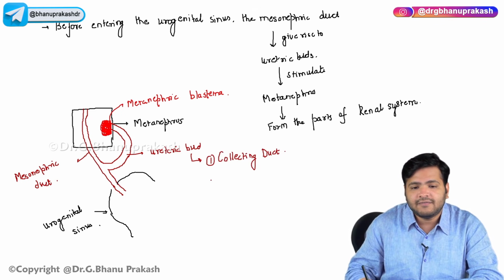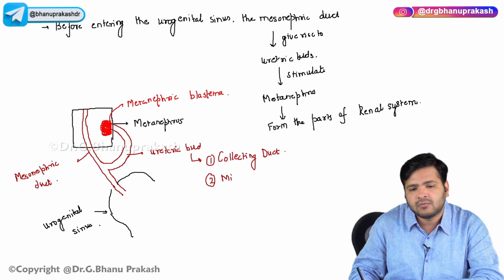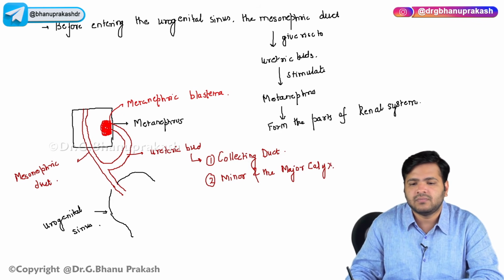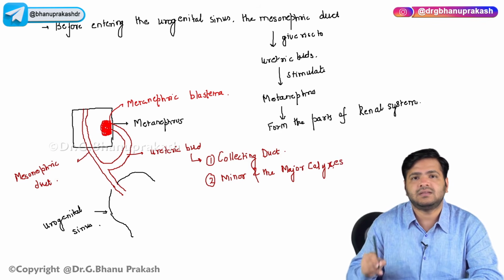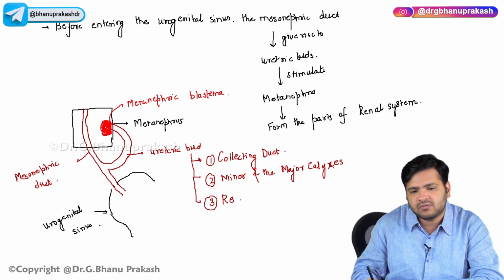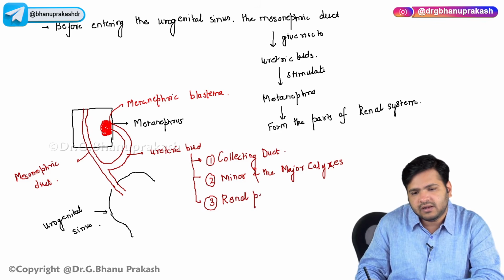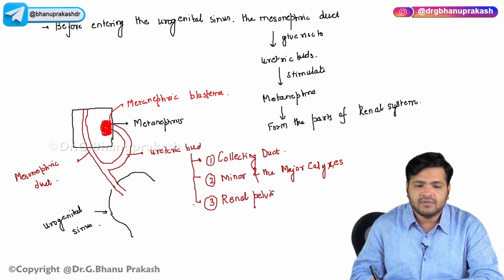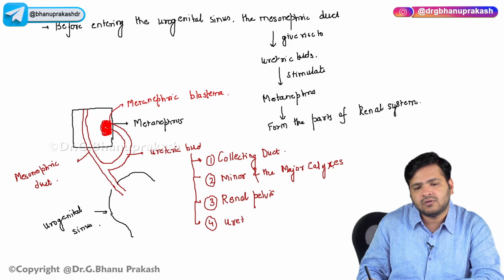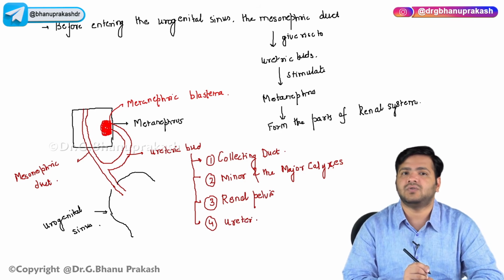We have the minor and the major calyces, right. The renal pelvis will also arise from here only, and obviously the ureteric bud will give rise to the ureter.